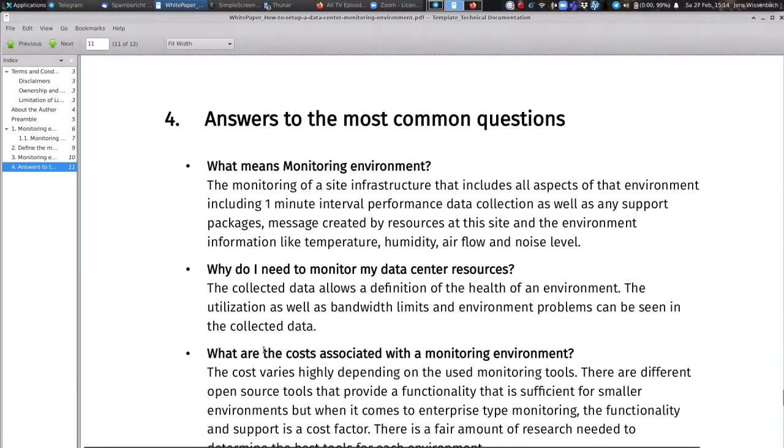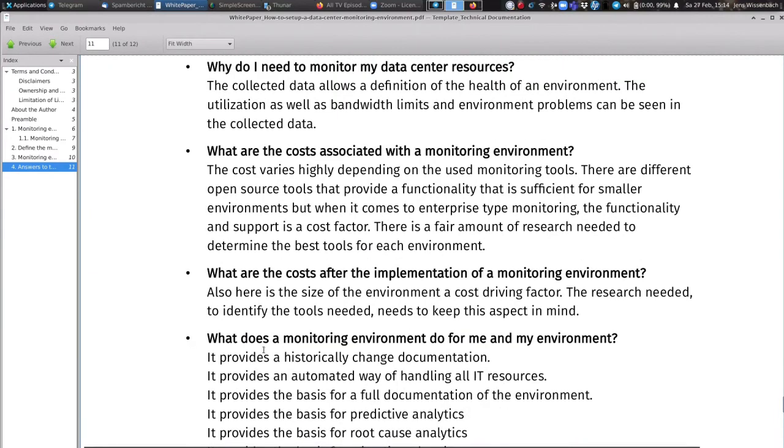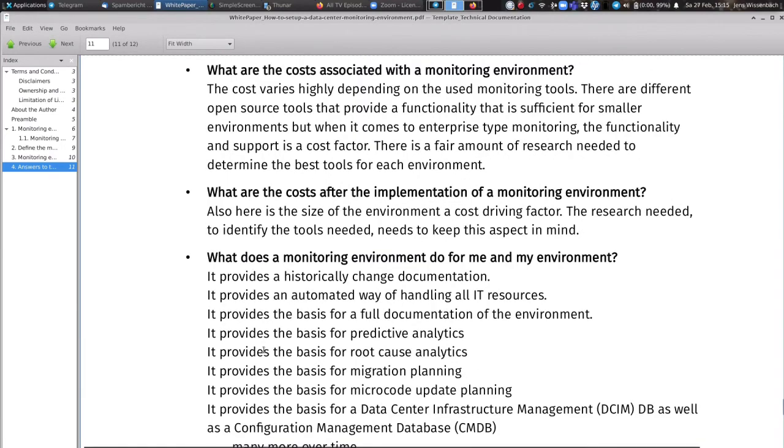The questions that we have raised before are again answered here at the end of the document. It's important for your customer to see how his infrastructure is monitored, what data is collected, and how it is collected. How it is collected is also important. In the past we had 10-minute intervals and 5-minute intervals.